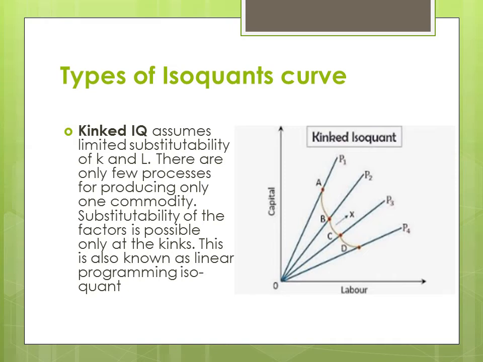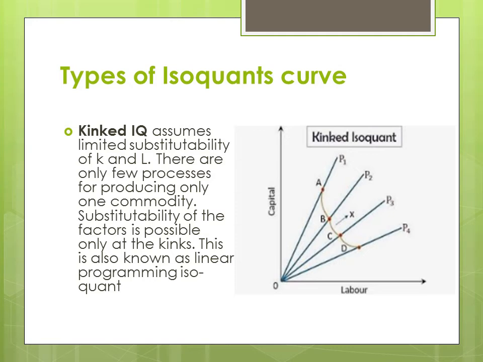You can see that here are different points, A, B, C and D, which join with each other, and we call them kinks. So substitutability is possible only at these points.